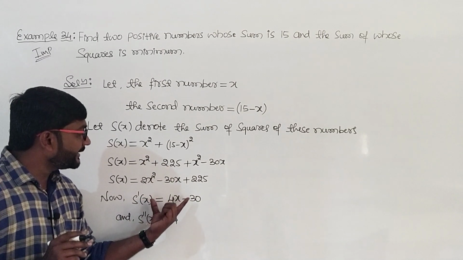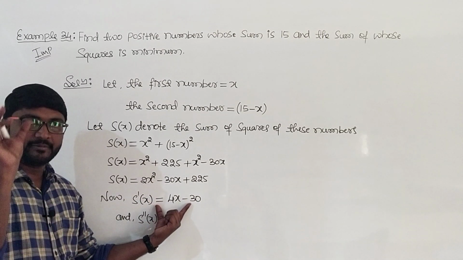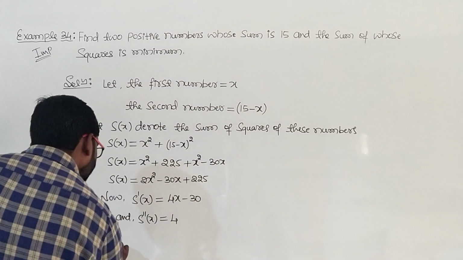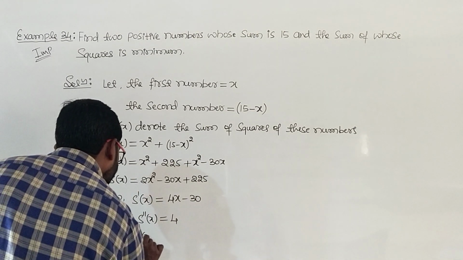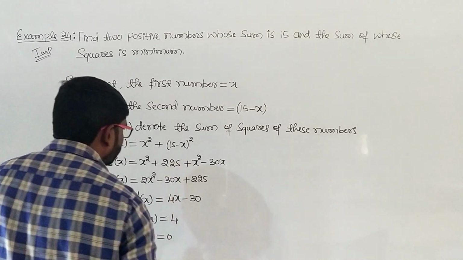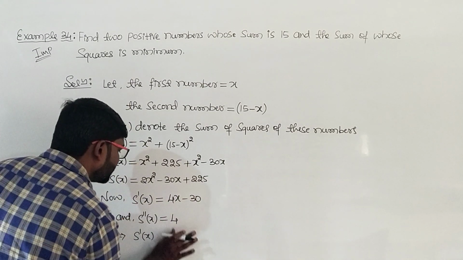Now to get the critical point, we have to equate the first derivative with 0. So this implies S dash of x equals 0. What is S dash of x? It is 4x minus 30.